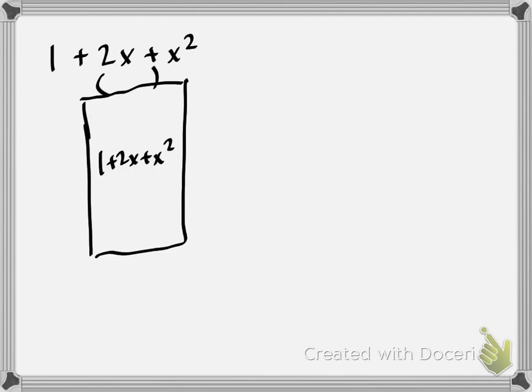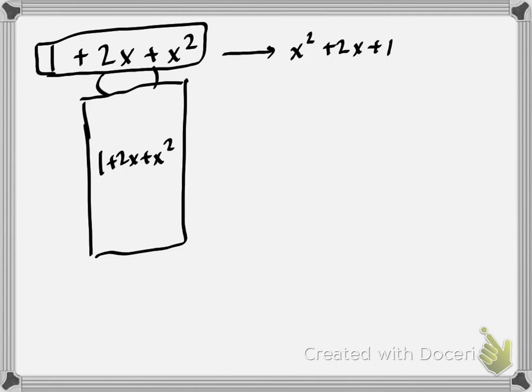So now, what I would do if I were you is I would just rewrite this so that x squared comes first. Because we haven't really looked at stuff to factor it when the x squared is the last term. But we do know how to factor it if x squared is the first term.